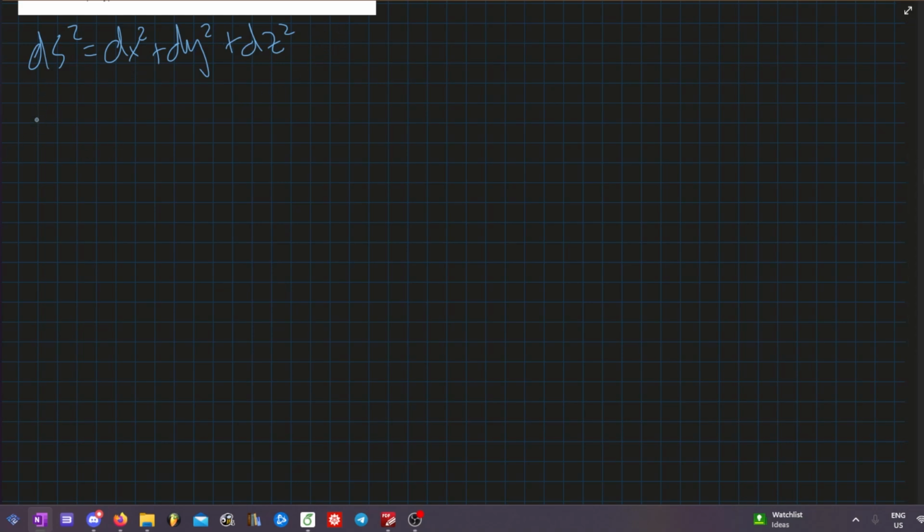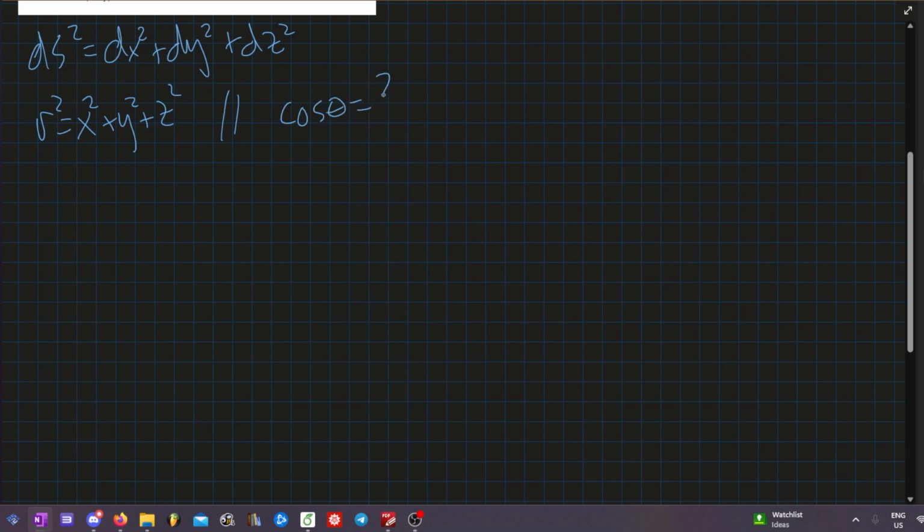Write our line element down. And then also the relations that were given. So let's go here. r squared equals x squared plus y squared plus z squared. We have that cos theta equals z over r.